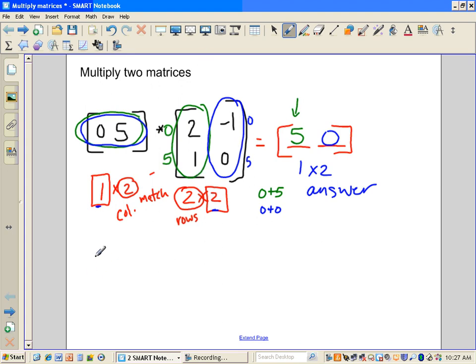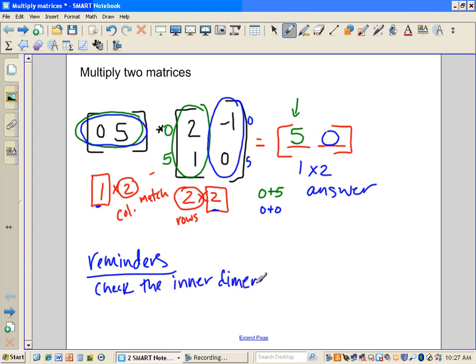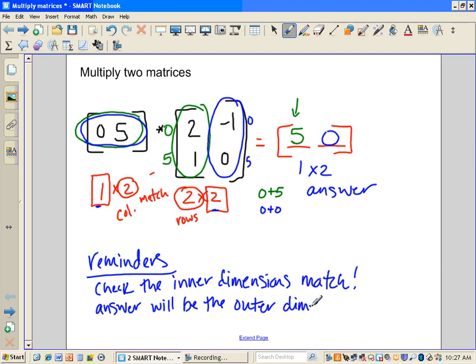So if we're going to write some reminders, you always want to check the inner dimensions match. Okay, your answer will be the outer dimensions.